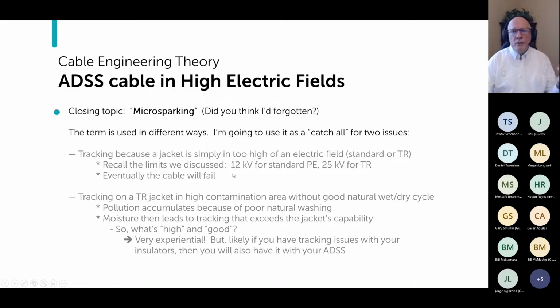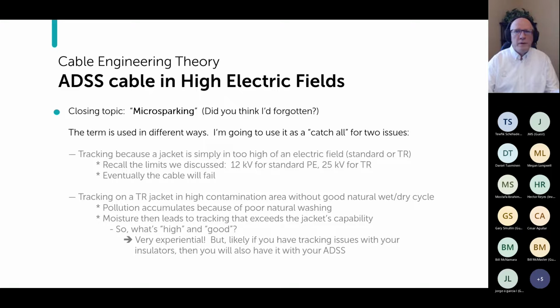So in other words, if you put a cable in an electric field that's higher than it's supposed to be, using our stand-in space potential values, then the cable is going to track, and it's going to be a la dry band arcing, but not really.